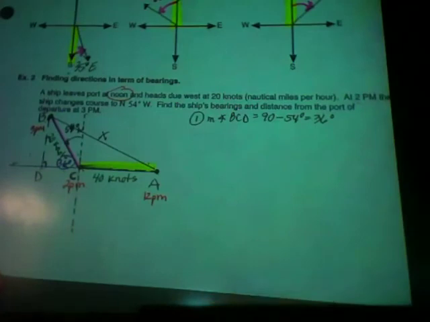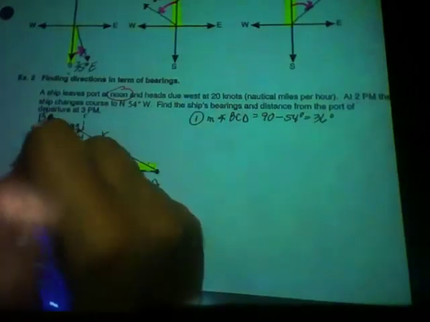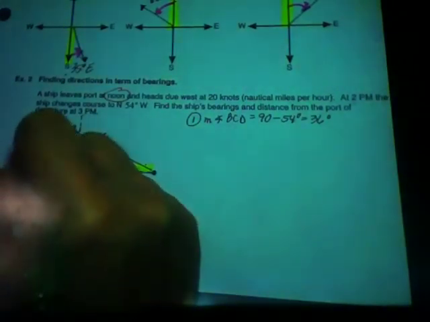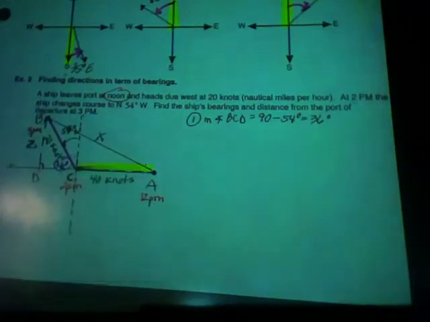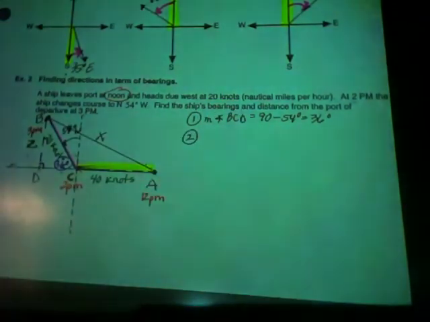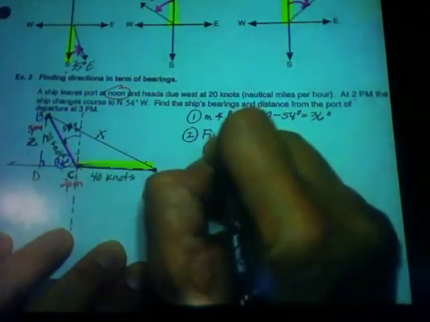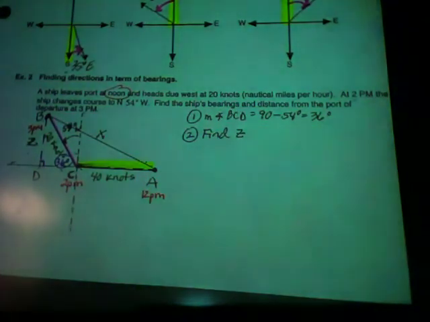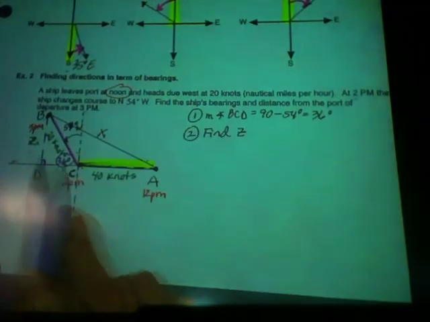Okay. All right, so then step two, we are going to find this side here. Let's call it Z, or Zippy. So we're going to find Z. According to my angle of reference, is Z the opposite, adjacent, or the hypotenuse?